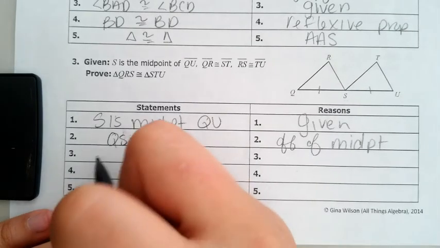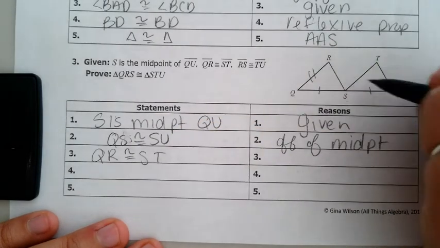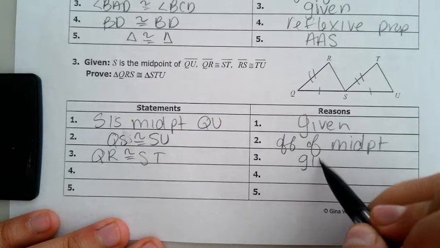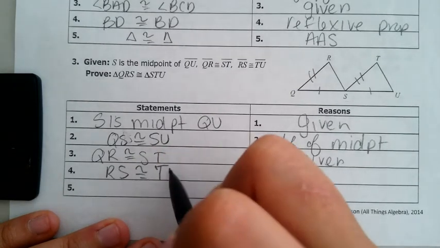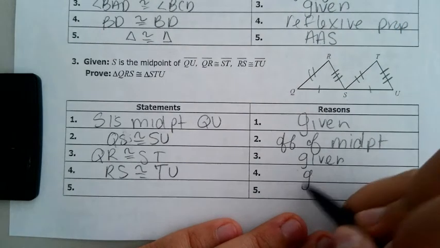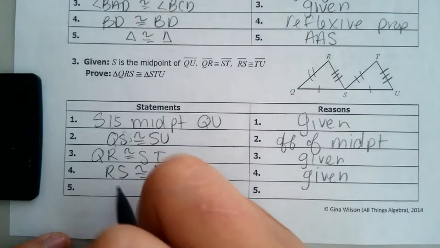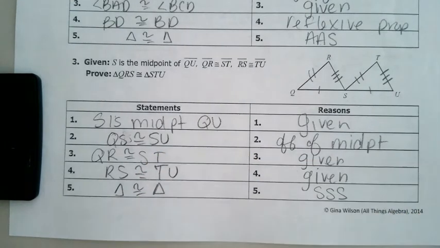All right. QR is congruent to ST. That was given. And RS is congruent to TU. That was given. How are the triangles congruent? Side, side, side.